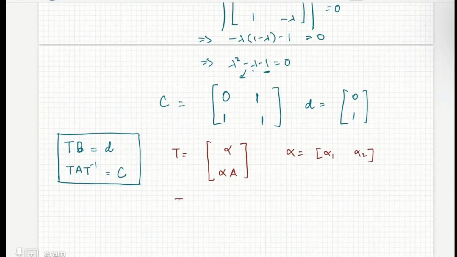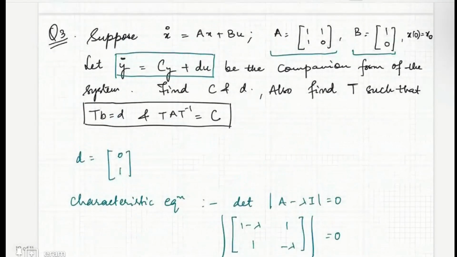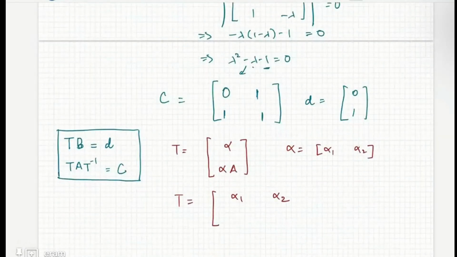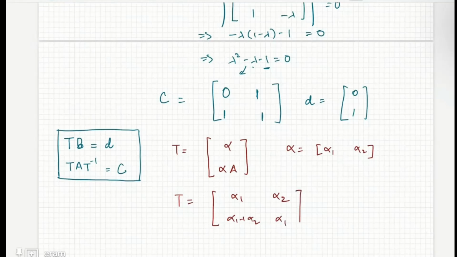So this gives us T as the first row alpha 1, alpha 2, and alpha times A will give us the second row, alpha 1 plus alpha 2, alpha 1.